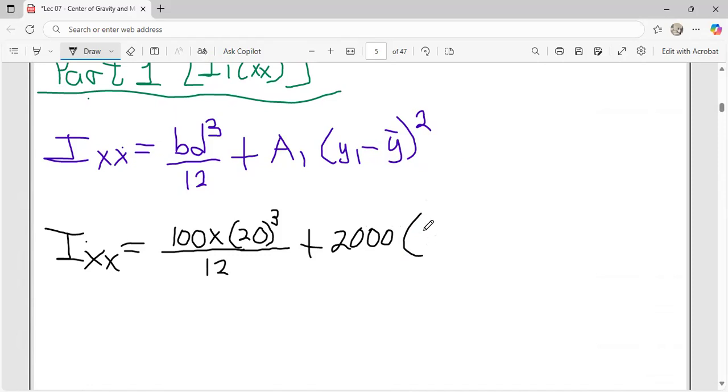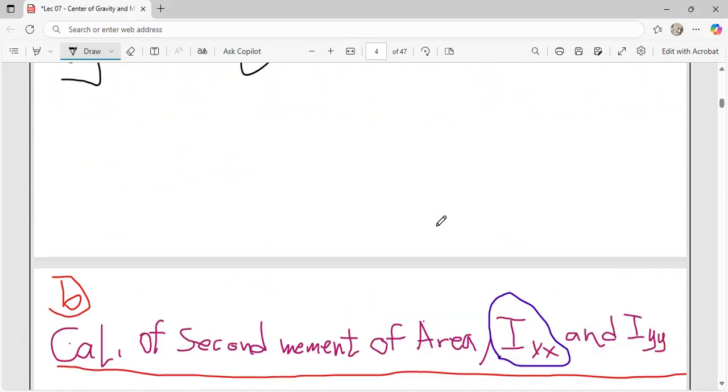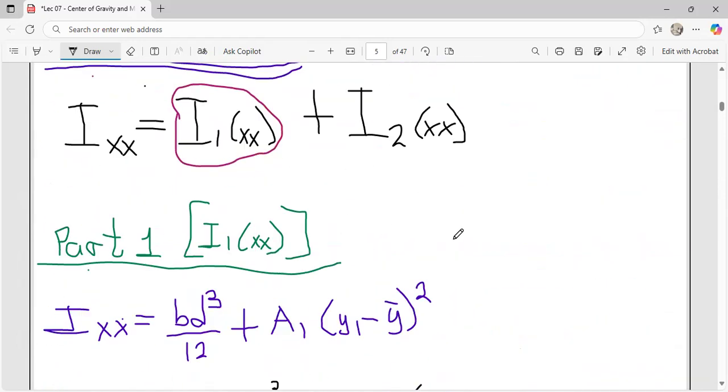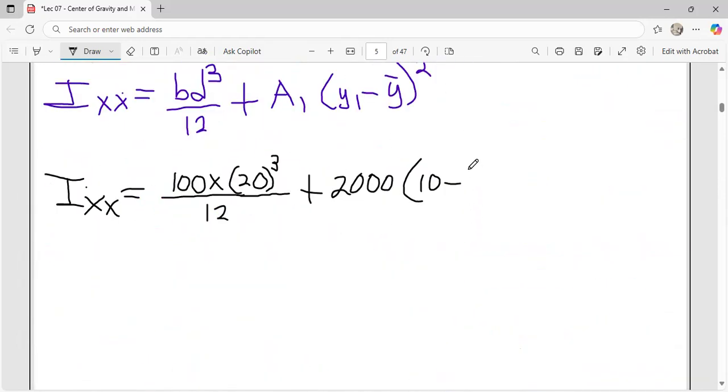So it's 10 minus our y bar, and our y bar we had as 40 mm. So let's quickly put it in there. This was 40, and at the end of the day, all squared.